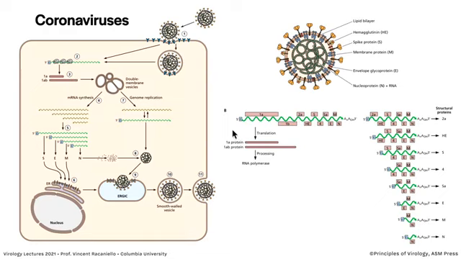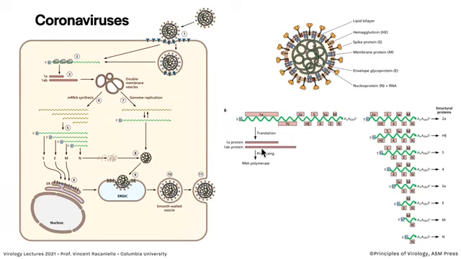It's pretty interesting. Here, inside the particle, is the genome, 30,000 bases of plus-stranded RNA. Here it is stretched out. And when this RNA gets into the cell, only the first third or so is translated. There is a stop codon after this 1AB protein.